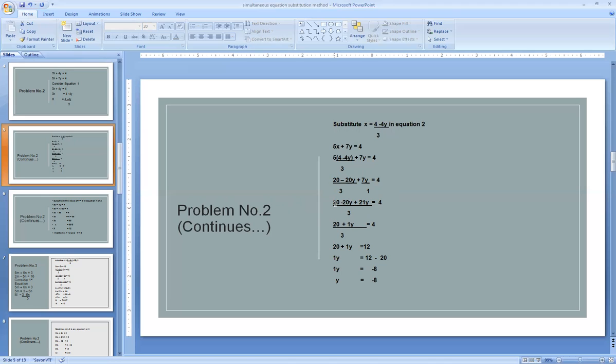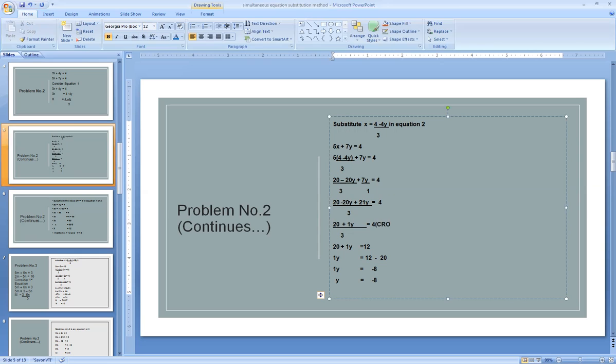Now we see how many y values and numbers there are. The number 20 is the same, only one, and there is minus 20y and plus 21y. The difference is plus 1y, divided by 3 equals 4. With the help of cross multiplication, we shift the 3 to the right side.